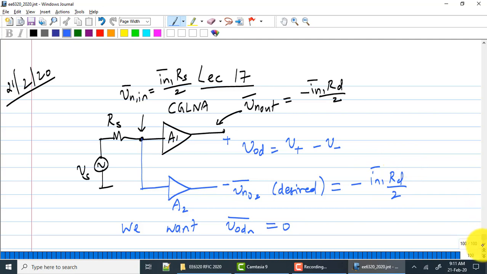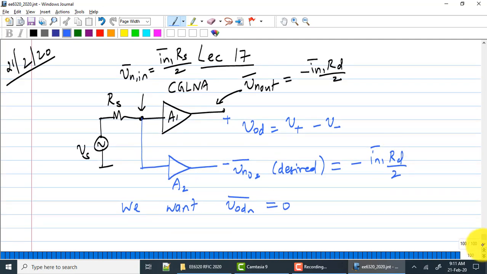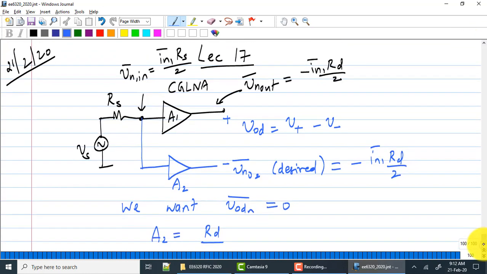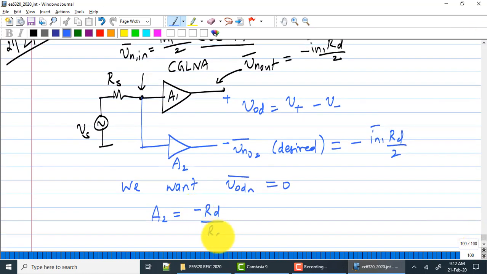Okay, so what should be the value of A2? A2 should now be RD by RS with a negative sign. Does this make sense?